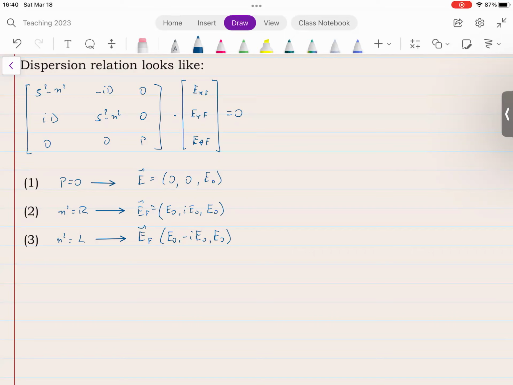And again, going back to what we've seen for the unmagnetized case, this oscillation occurs at a frequency equal to the plasma frequency.